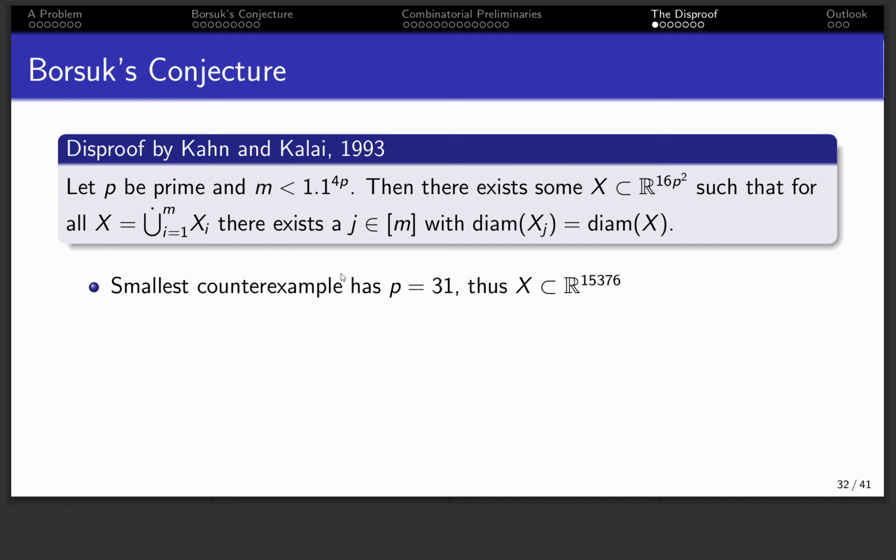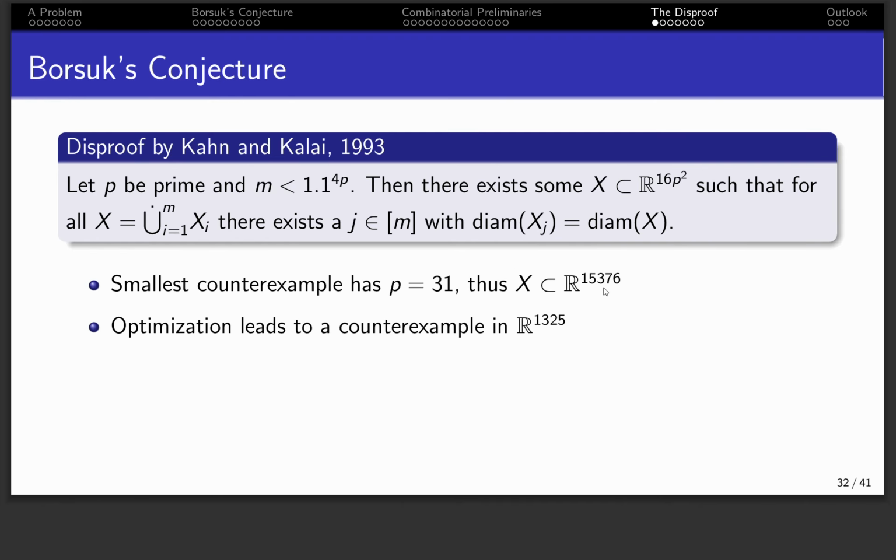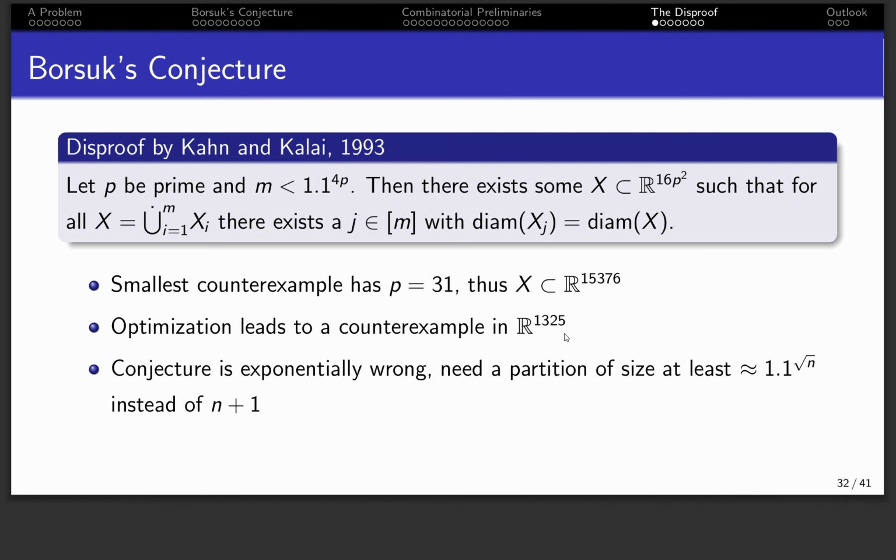With this, we get the smallest counterexample, p being equal to 31, and thus our dimension around 15,000. If we optimize some constants and so on using the proof, we actually get a disproof in R to the 1,000. But the important thing here is that the conjecture is exponentially wrong.